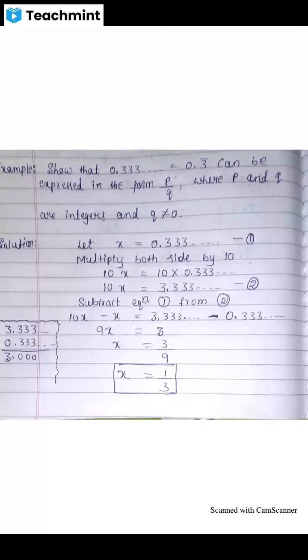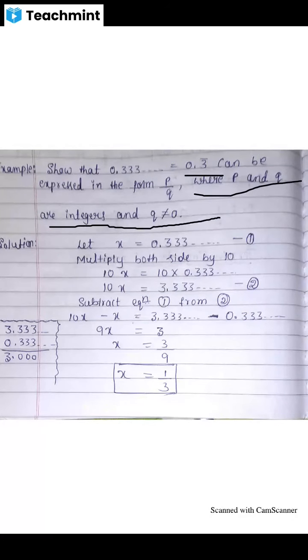Show that 0.3333 and so on, that is equal to 0.3 bar. In short, we can express it as 0.3 bar, in the sense 3 is in the repeating block. It can be expressed in the form p by q, where p and q are integers and q not equal to 0.